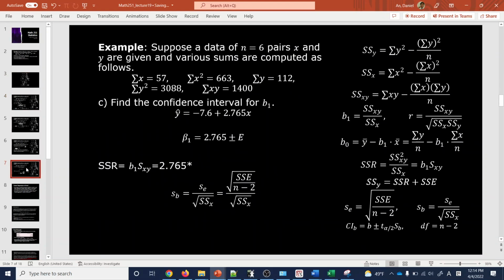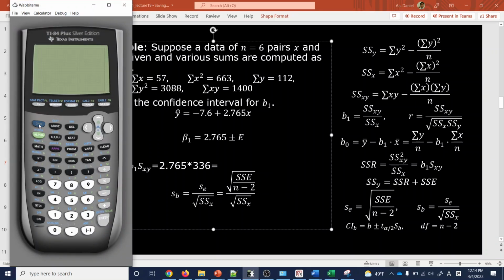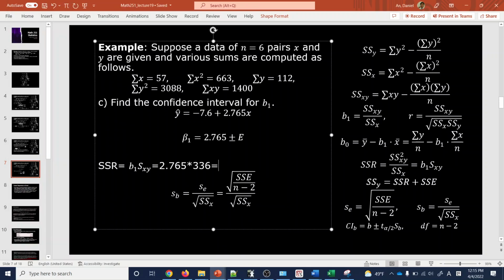So we come back, we have to put 336. And according to the calculator, 2.765 times 336 gives you 929.04.